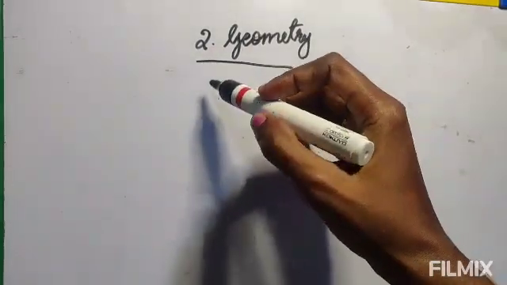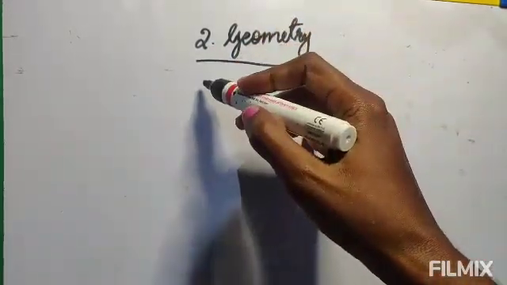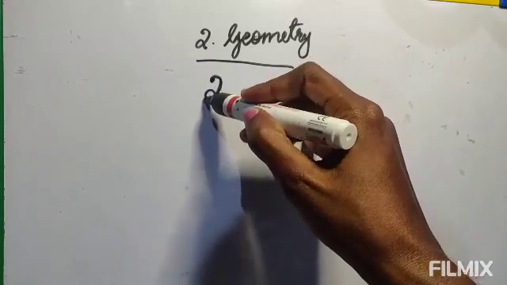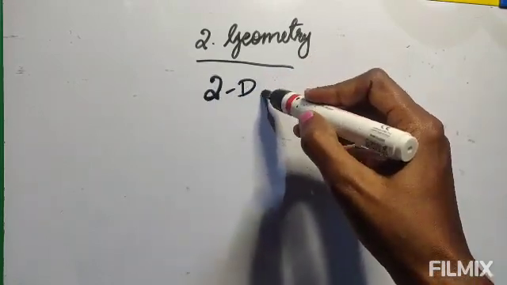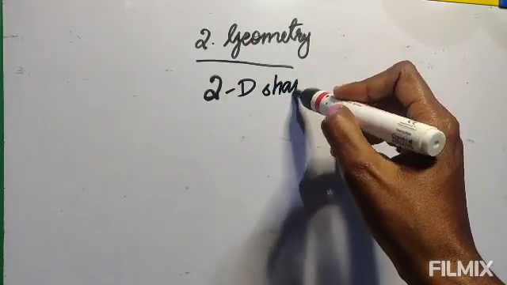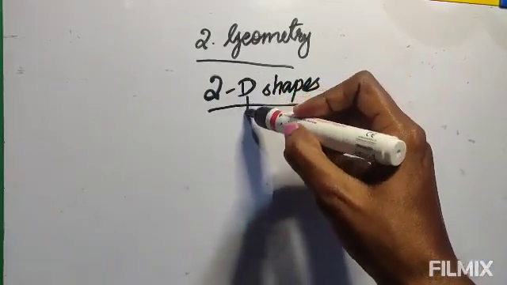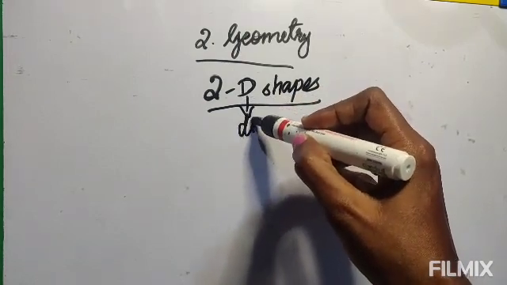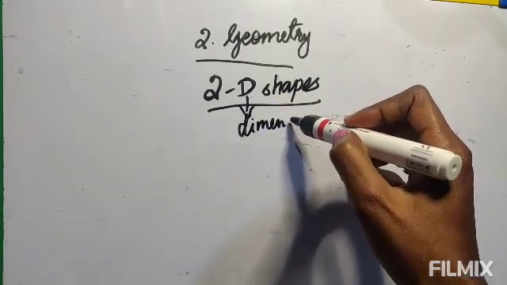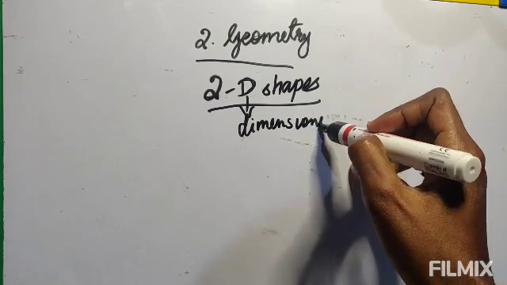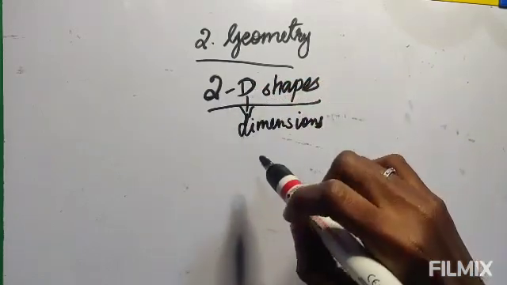So let's see. First in geometry, last year also we learned 2D shapes, but here it is not given separately as 2D shapes or 3D shapes, it is just given shapes. So 2D shapes, this D stands for dimension. So 2-dimension figures.